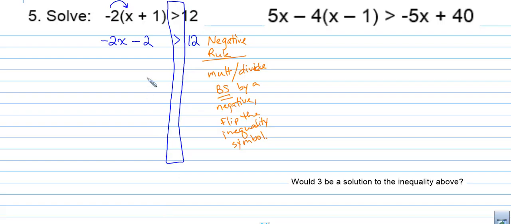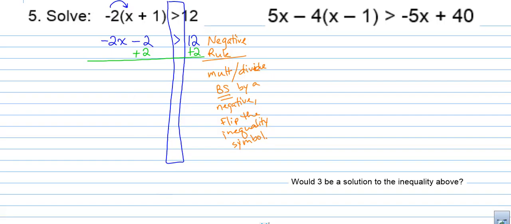Okay? So now, like just any equation, we move to step 2, move variables to one side. Well, we only have variables on one side, so check. Step 3, move constants to the other side. Okay, so if this is the variable side, the constants got to go to the other side. So we're going to add 2 to both sides.